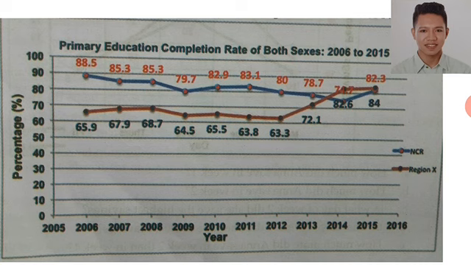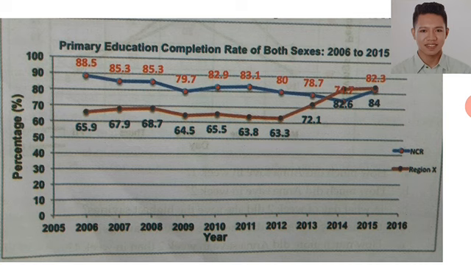Next, choose an interval. Since we're talking about percent and the highest is 100%, we can use an interval of 10. If we use 5, that would be too long or too big a line graph. So we will just use an interval of 10, and make sure that you start from 0.